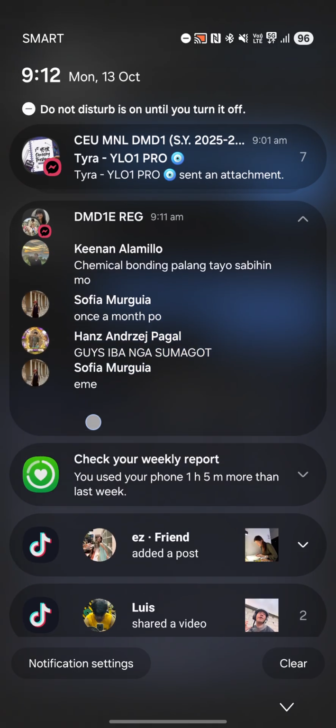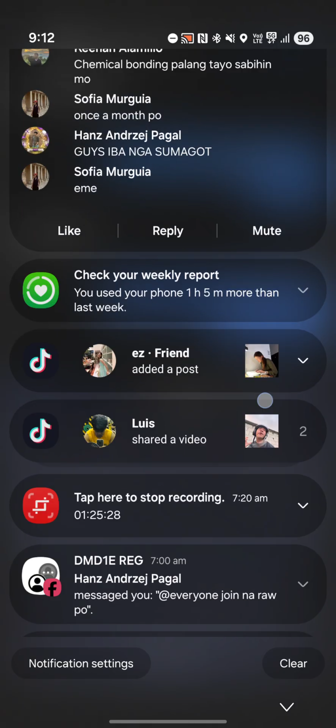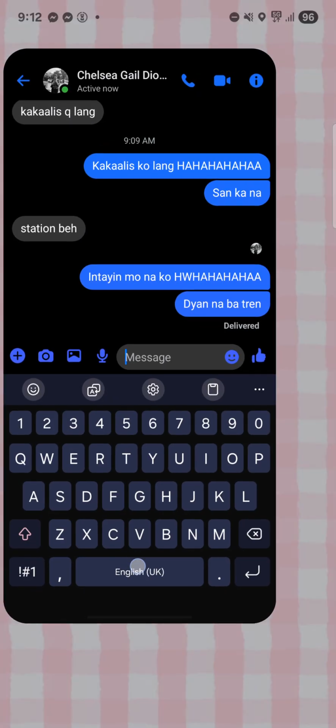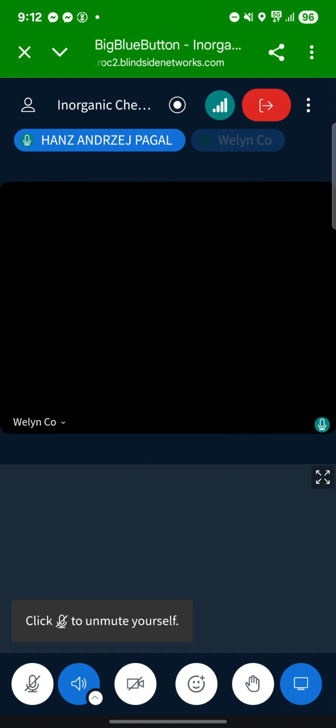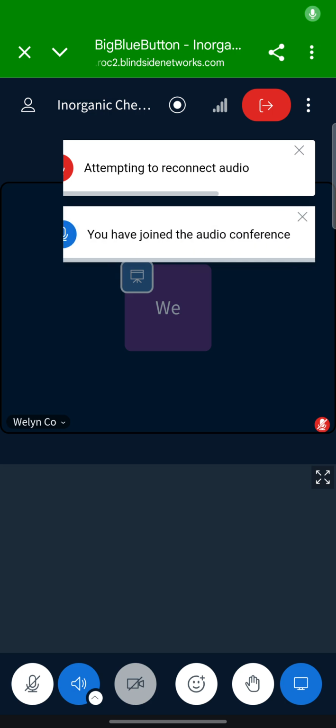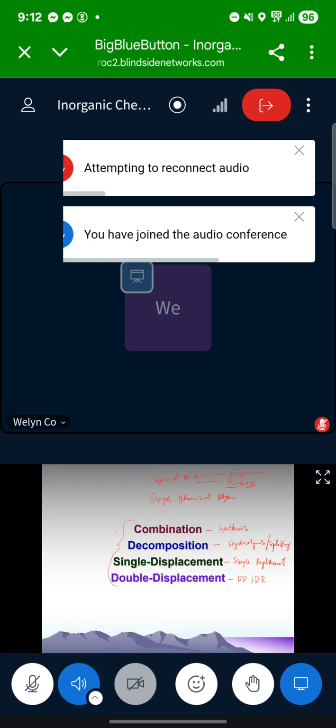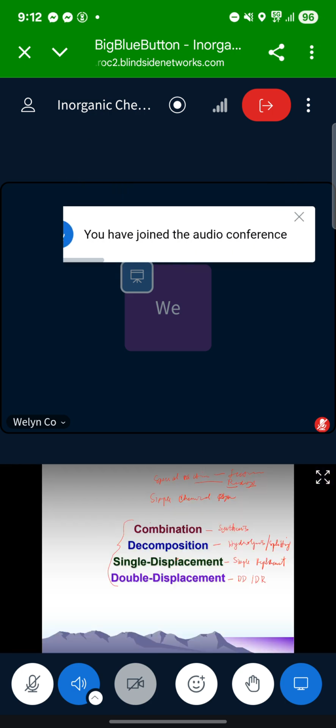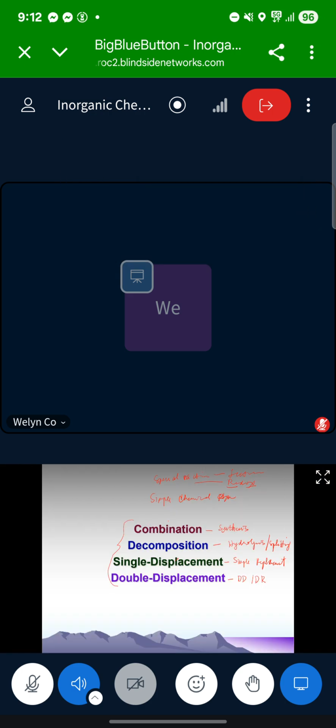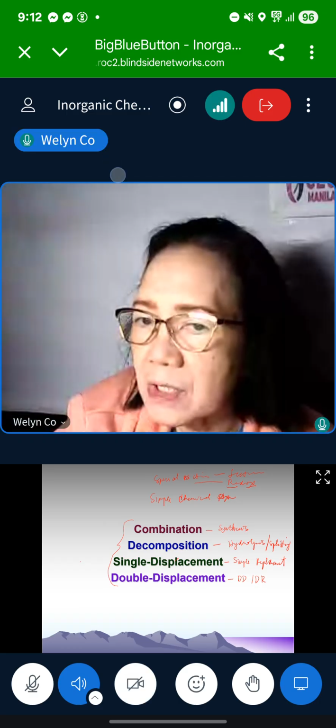Okay. Please lend me your ears and your eyes. These 4 types of chemical reaction are called simple reactions. Why are they called simple reactions?